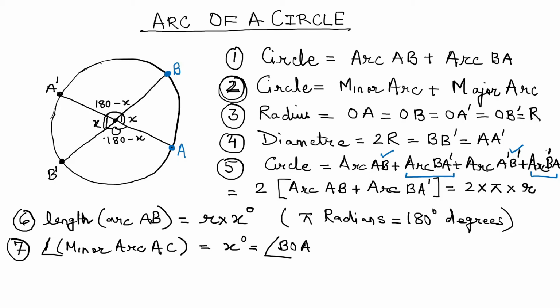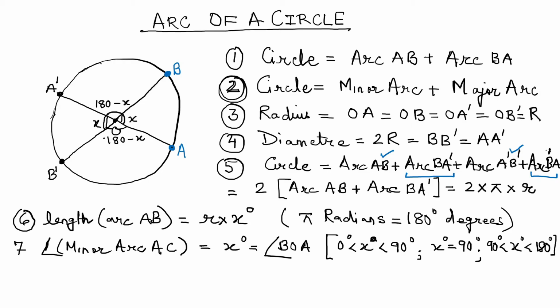Now when we say this is a minor arc, the point that you need to understand here is x degrees will be greater than 0 degrees and lesser than 90 degrees, so it will be an acute angle, or x degrees will be equal to 90 degrees, which is a right angle, or x degrees will be greater than 90 degrees but lesser than 180 degrees, which is nothing but an obtuse angle. This is the definition of a minor arc.